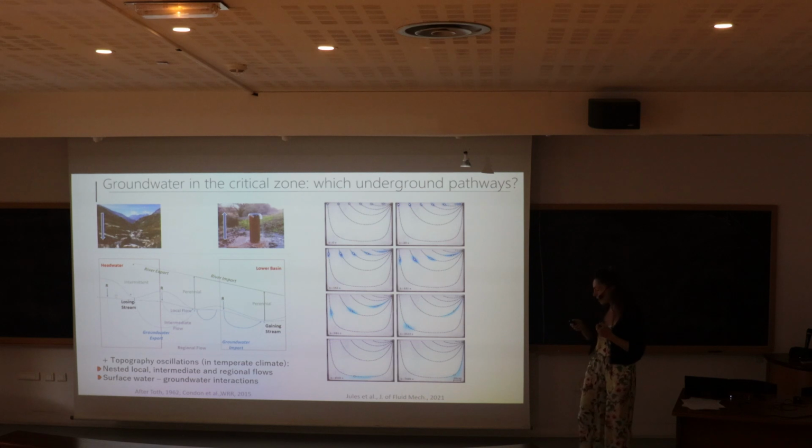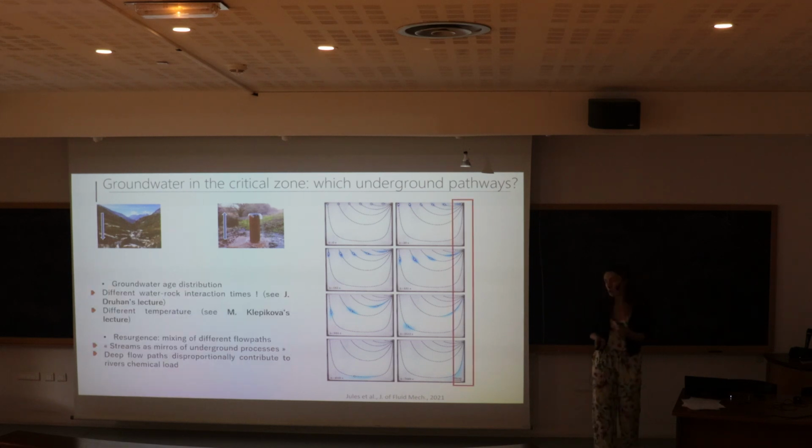It shows quite a number of interesting features of groundwater flows. Some particles, shown here with these blue images, reach the outlet of the catchment very rapidly, while some stay for a very long time in the media.